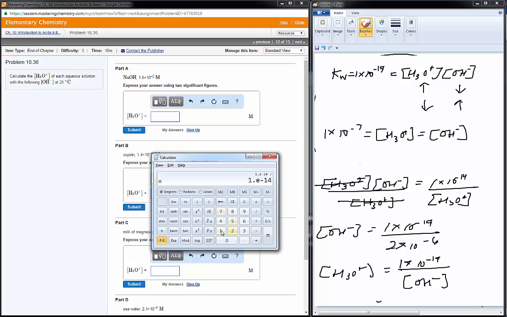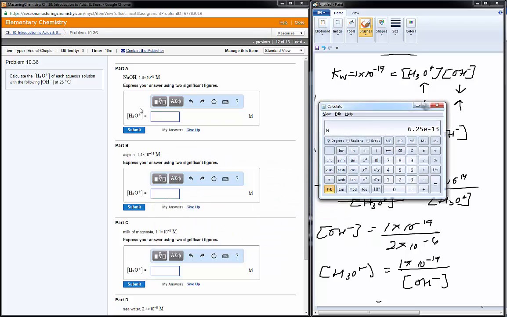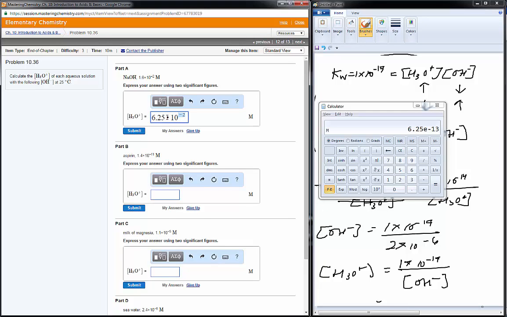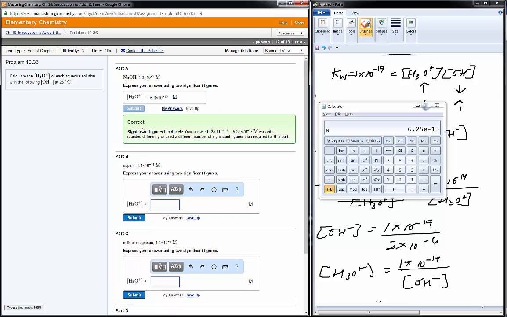If I divide that now by 1.6 times 10 to the negative 2, that gives me 6.25 times 10 to the negative 13th.